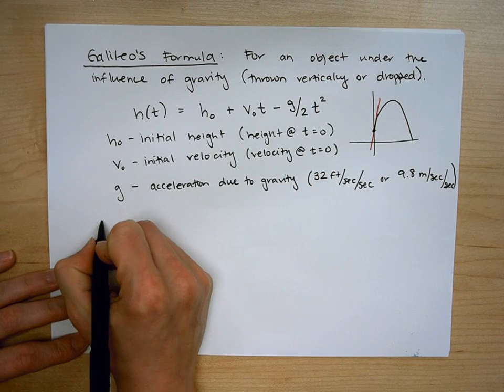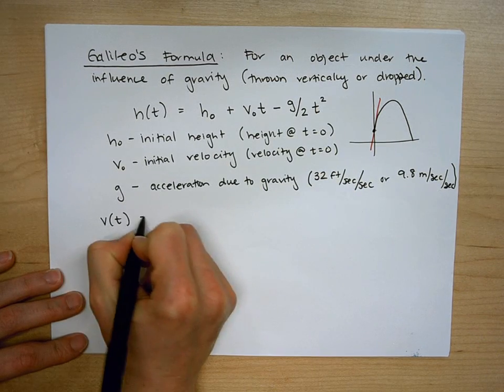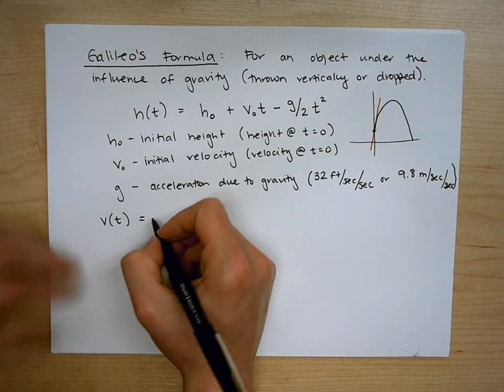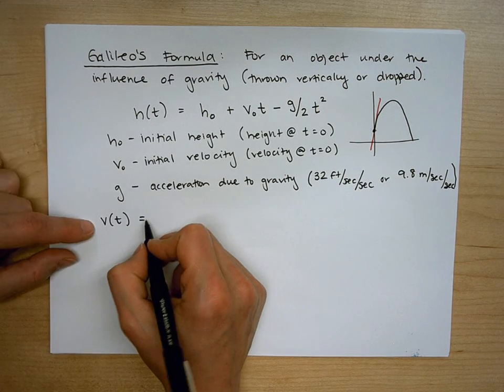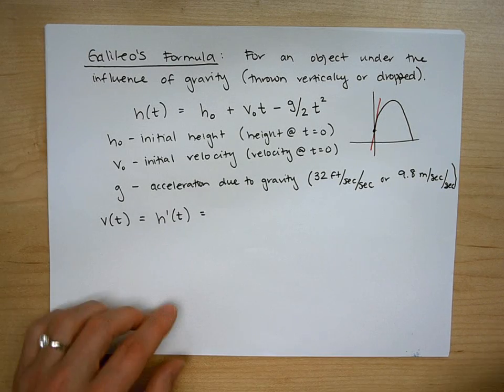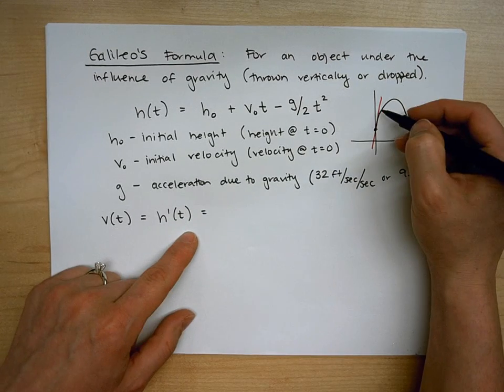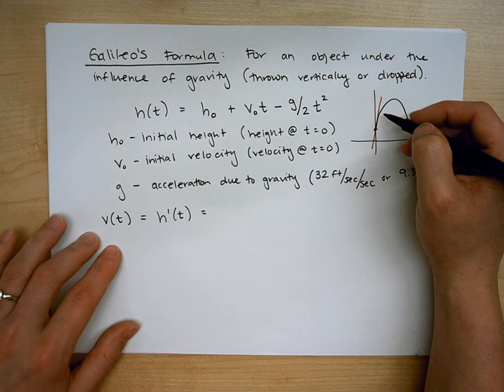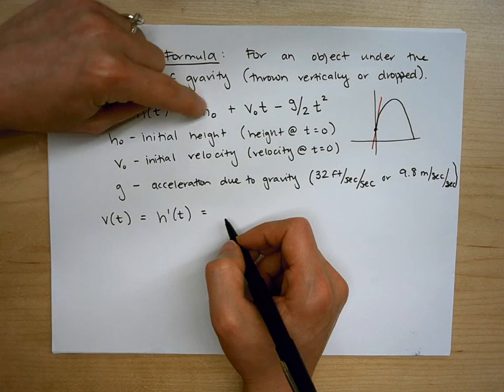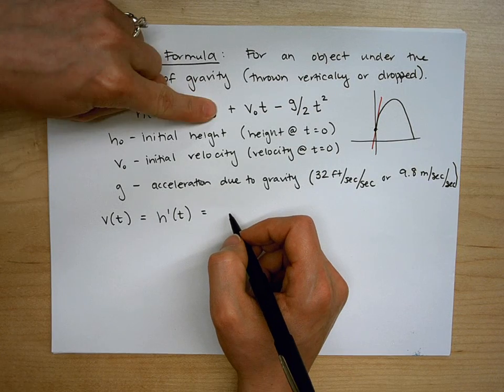Well, let's take a look at, maybe I wanted to know the velocity at any moment in time. If I wanted to know that, of course, if we have height, the velocity is the derivative. The derivative is the rate of change or the slope of the tangent line. So in this case, that would be the velocity of the object. Now if we do that, h naught is a constant, so that would be 0.